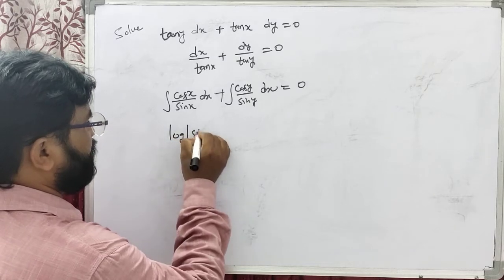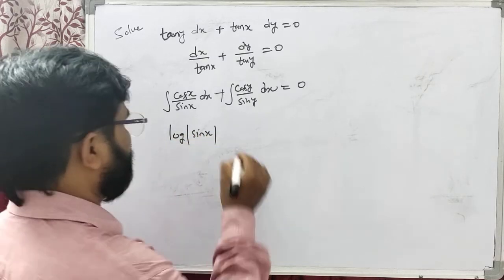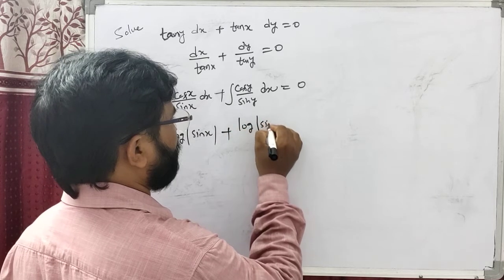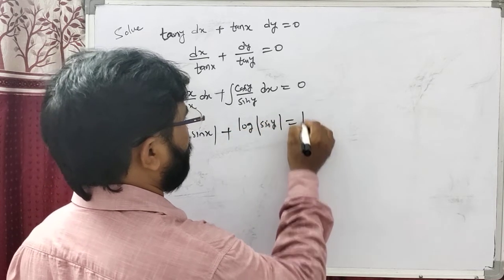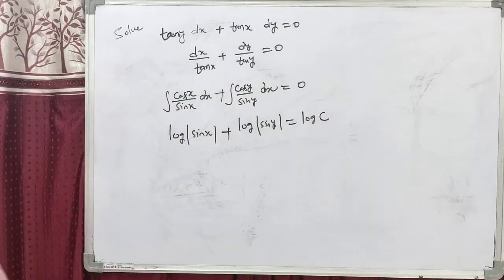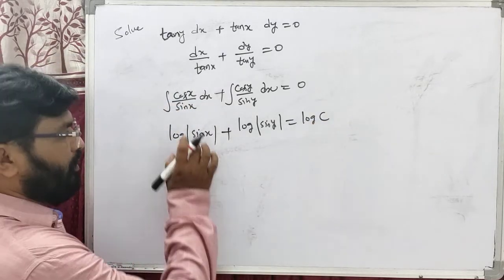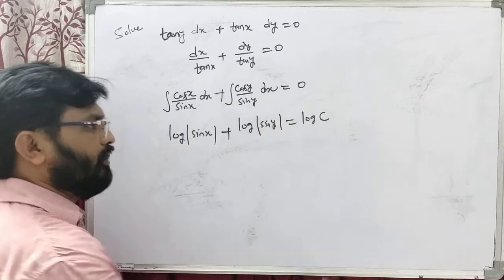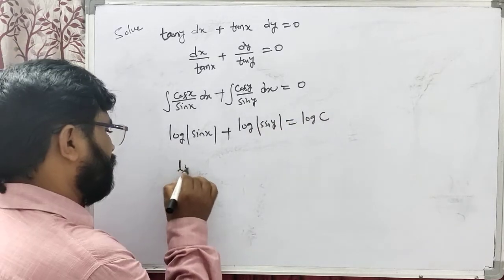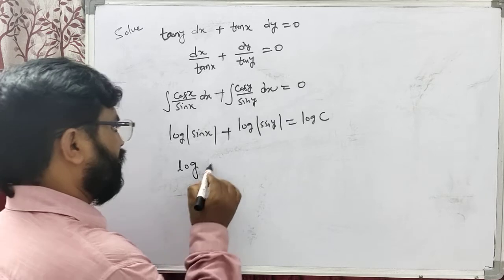Dear students, this is log mod of sin x plus log mod of sin y equal to, students, we take some constant. Here log is there, here also log is there, so you can take the constant as log c. Therefore, dear students, log a plus log b is log ab.